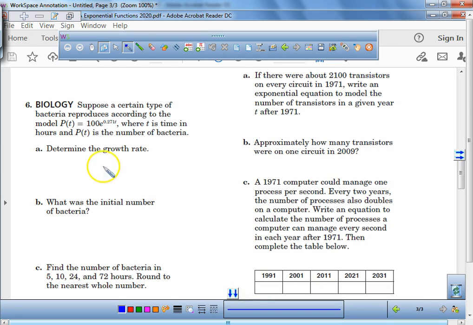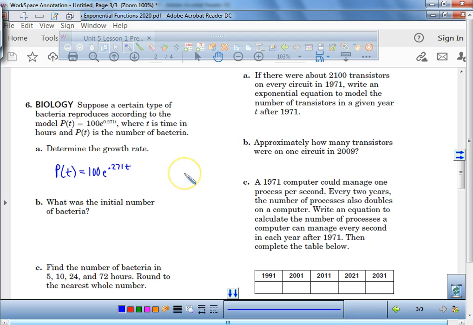All right, guys, here we go. It says determine the growth rate. How do we determine the growth rate? So check this out. We have a formula, right? It says P of T equals 100 e, which is Euler's number, to the power of 0.271 T. Now, you guys need to understand what growth rate means.